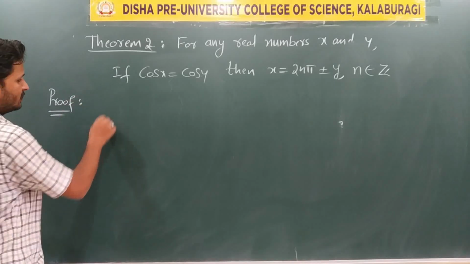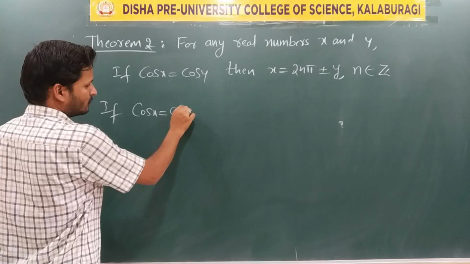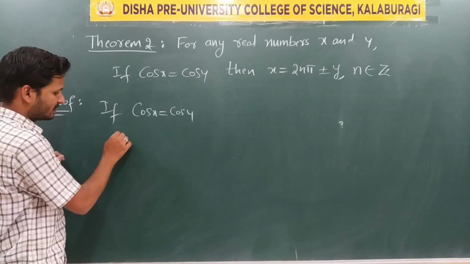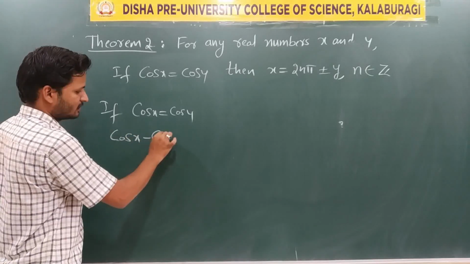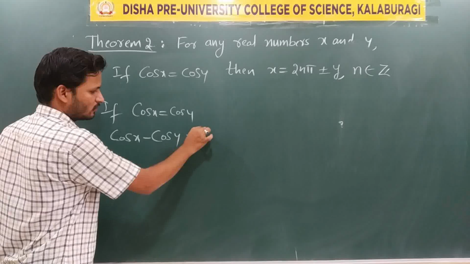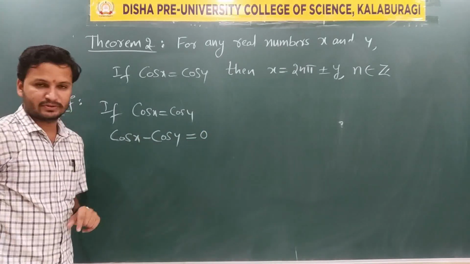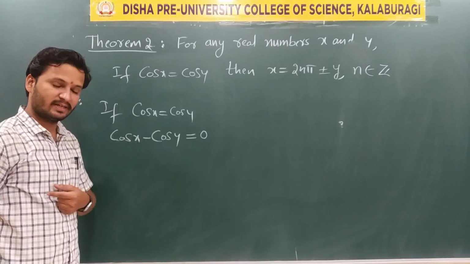First we consider that cos x is equal to cos y. So I will write cos x minus cos y, which is equal to 0. That means we use the cos c minus cos d formula.